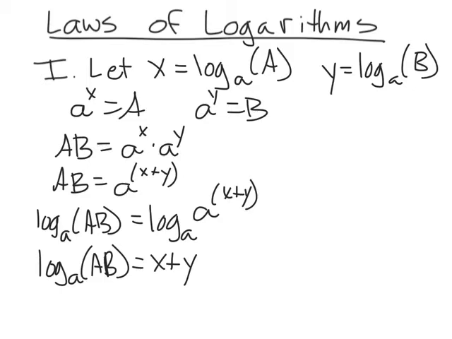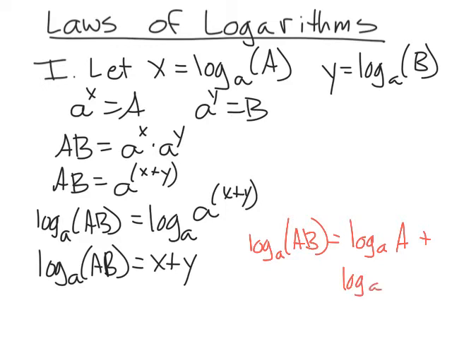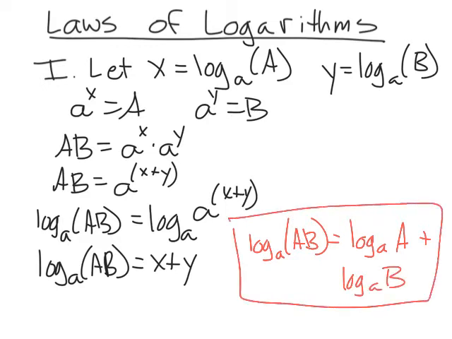So here's the meat. When I replace the x and the y, here's what I end up with. Log to the base a of A times B is equal to log to the base a of A plus log to the base a of B. That's the first law.